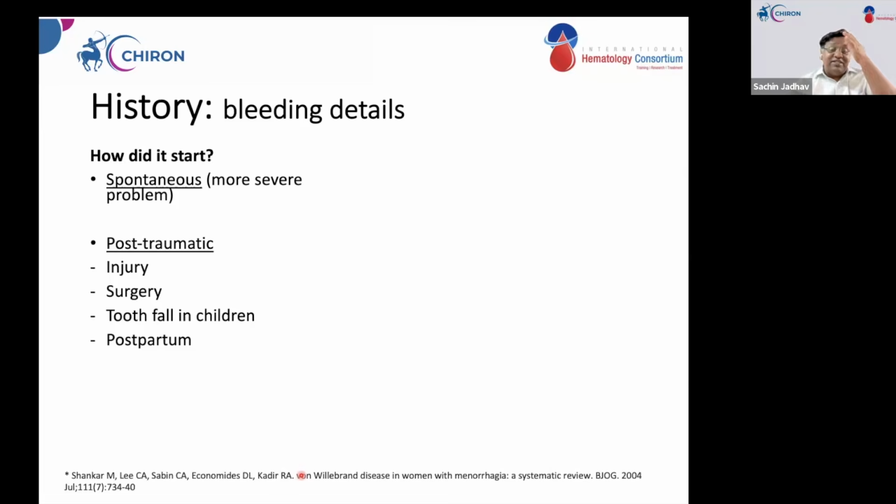What this also means is if a woman has gone through even one pregnancy and delivery without major bleeding, then she probably does not have a major congenital inherited coagulation problem. Because if she had, in a pregnancy she would have had bleeding, right?